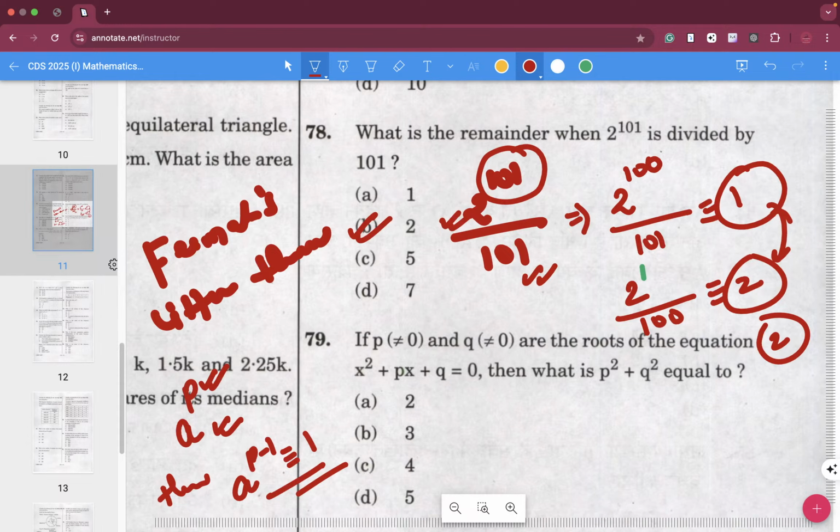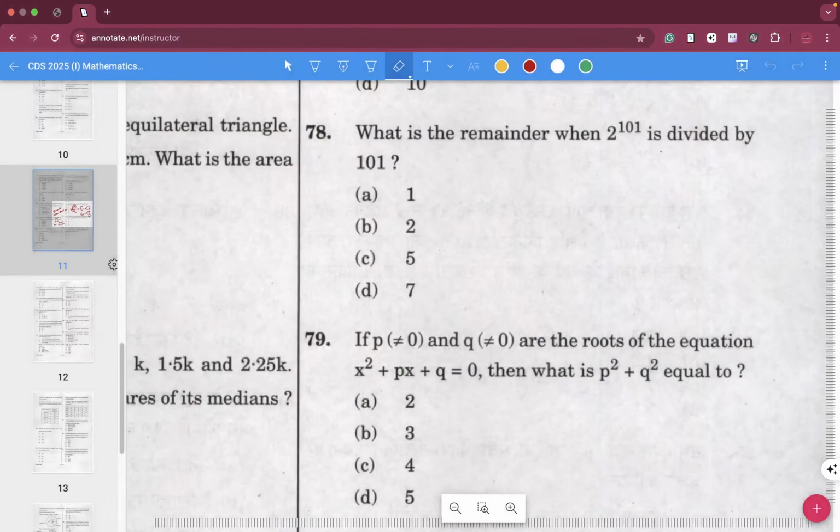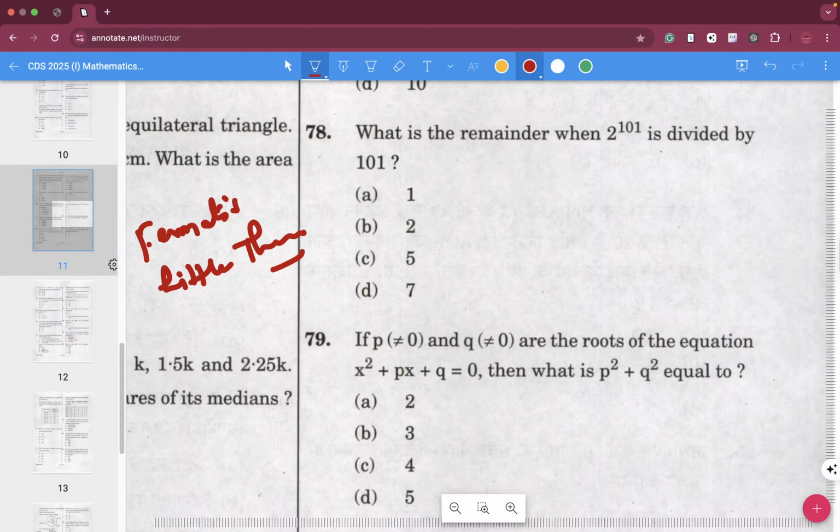Let me tell you this question again. What we are applying here is Fermat's little theorem.